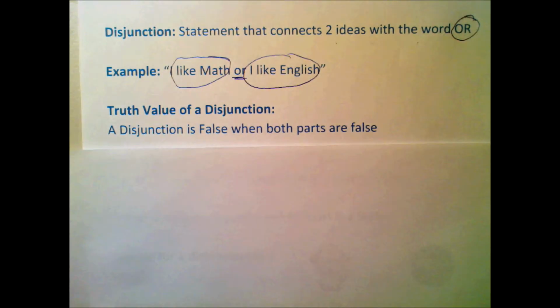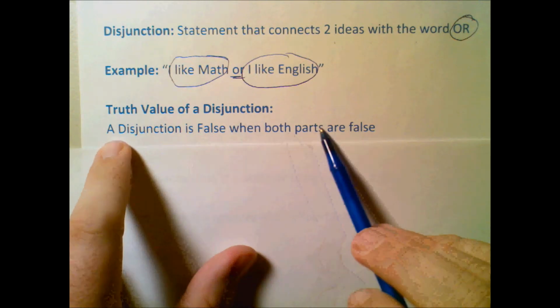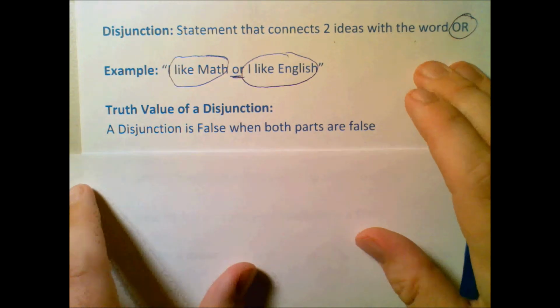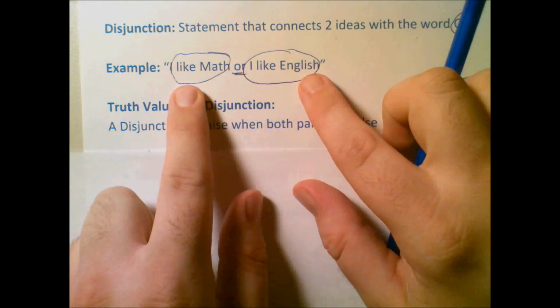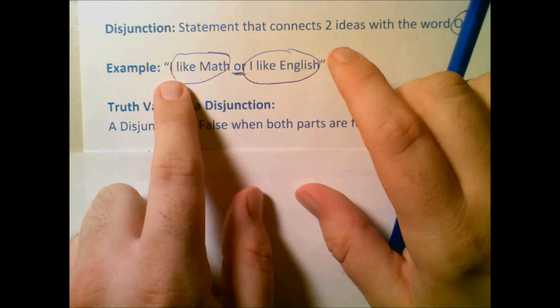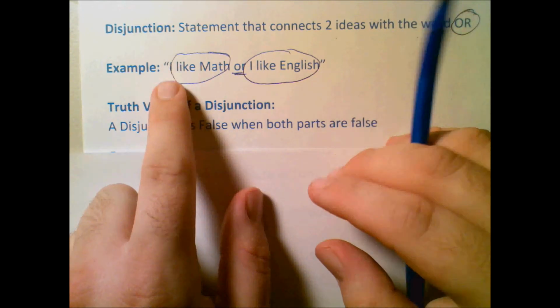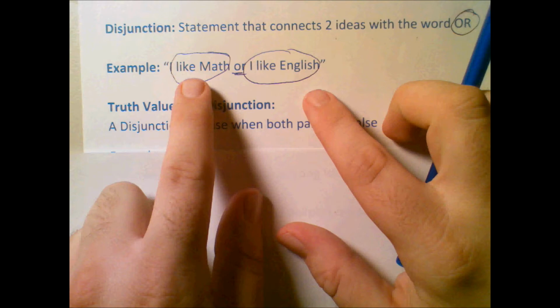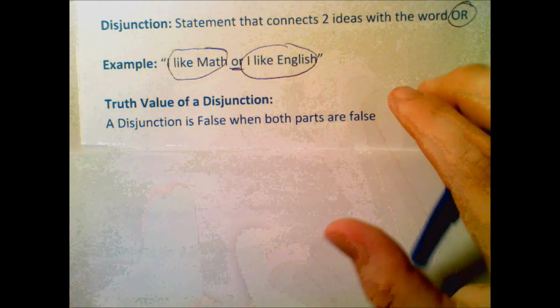It doesn't have to be both. So, a disjunction is false when both parts are false. Otherwise, it's true. Now, in this case, I like math or I like English. You can like math, and that statement will be true. It doesn't matter if you like English or not. The only time this statement is going to be false is if you don't like math and you don't like English. And that means the whole thing is false.